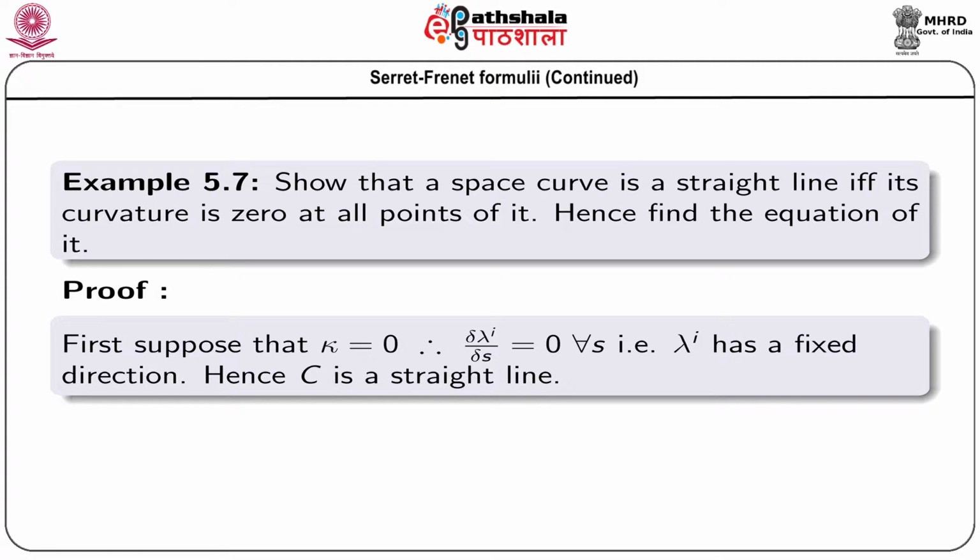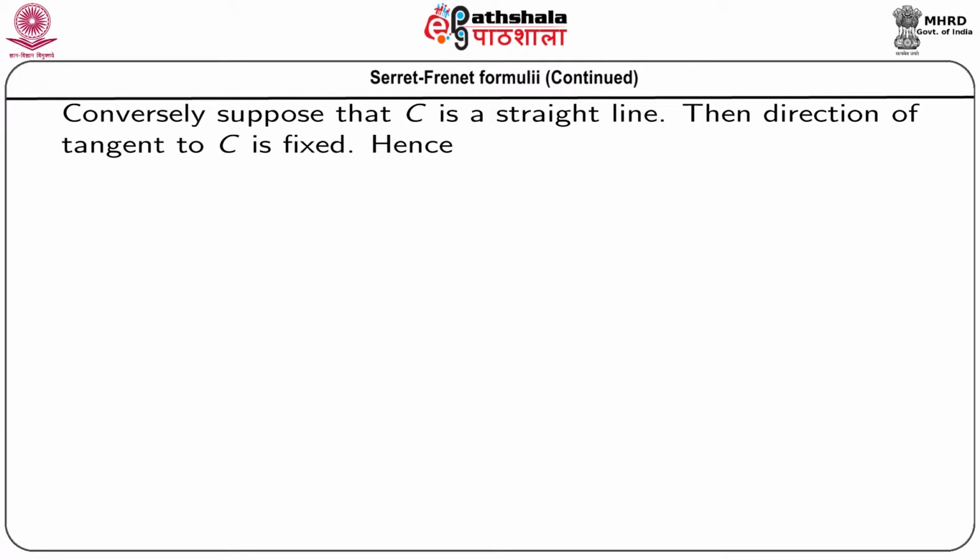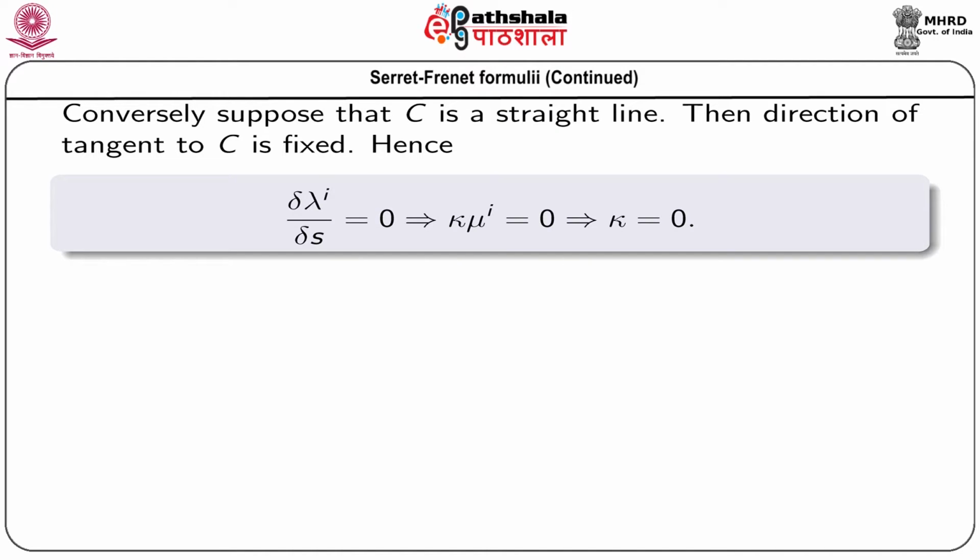That is, λ^i has a fixed direction, hence C is a straight line. Now, conversely, suppose that C is a straight line, then the direction of the tangent to C is fixed, hence dλ^i/ds equals 0. That means κ μ^i equals 0, which implies κ equals 0, because μ^i is a unit principal normal vector. So, it cannot be equal to 0, therefore, κ equals 0.